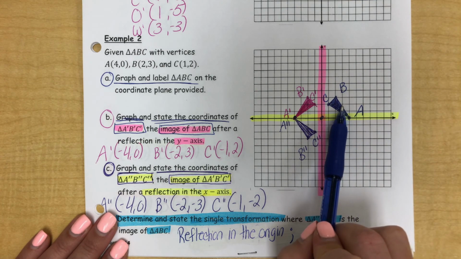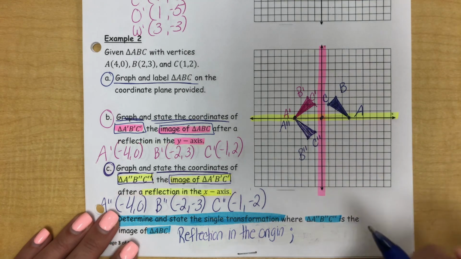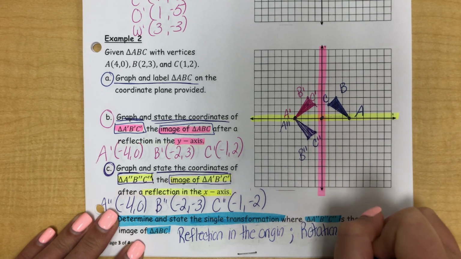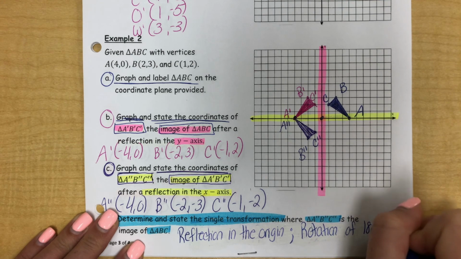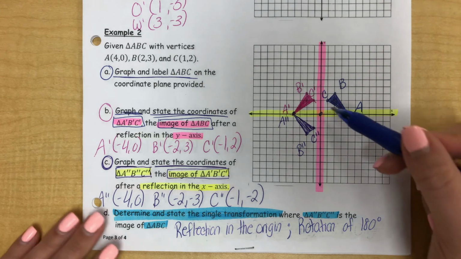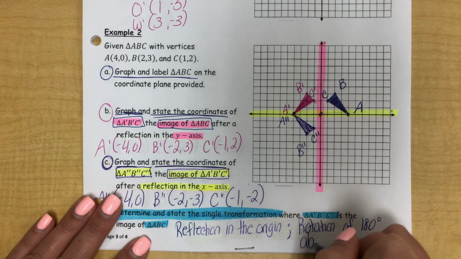In order for me to get from the first quadrant to the third quadrant, I would have to rotate 2 times. So I'm going to write that it's a rotation of 180 degrees because 180 represents 2 turns. And again, that would be rotating through the origin or about the origin.